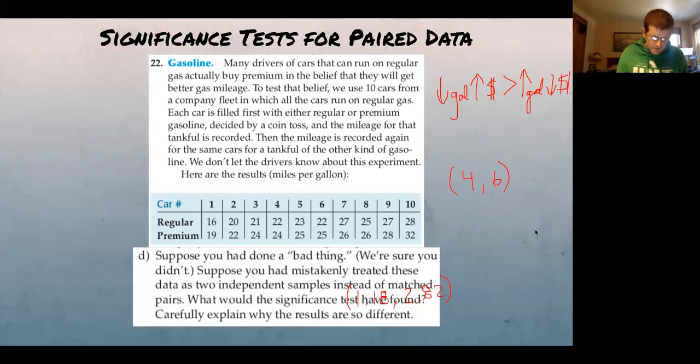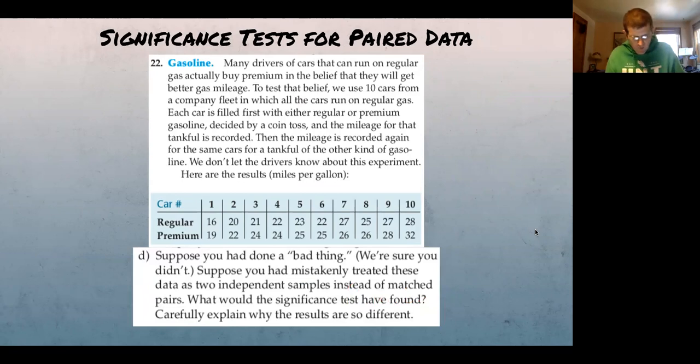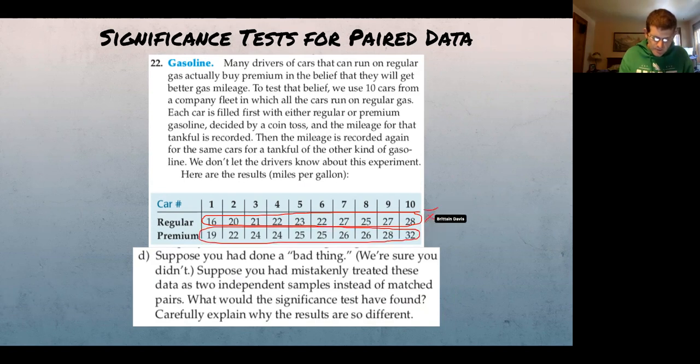Okay, so we're not going to actually run this analysis, but suppose you had done a bad thing and considered this as a difference of means, a 2-sample t-test, and you took X bar sub 1 and X bar sub 2 and ran it through your 2-sample t-test.